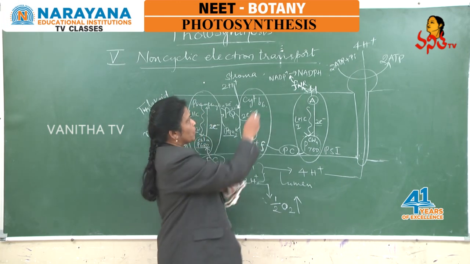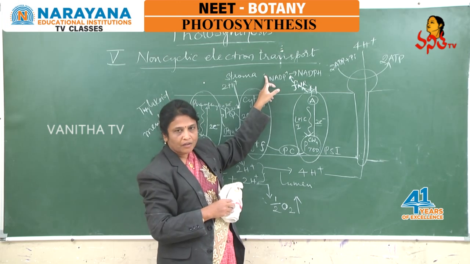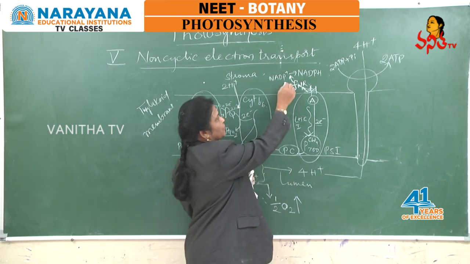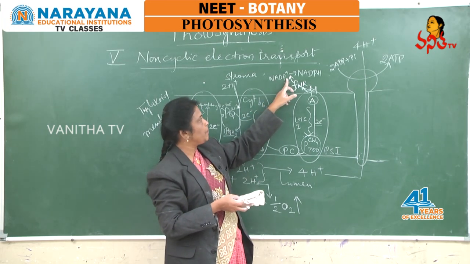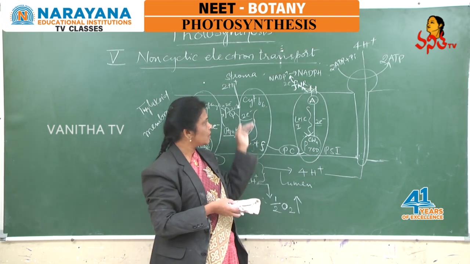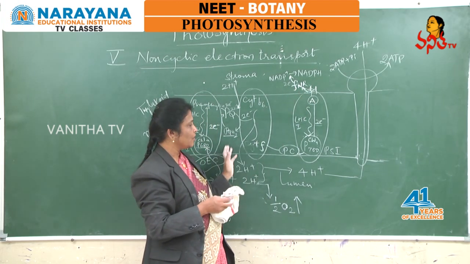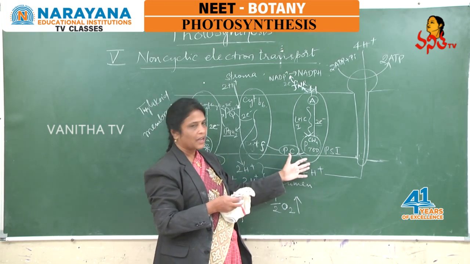Meanwhile protons are supplied by the stroma, as we already said, and stroma is always with protons. So, in the presence of the electrons and the protons from stroma, NADP plus in the stroma is reduced to NADPH, and that is the synthesis of reducing power due to electron transport, that is the non-cyclic electron transport mechanism.